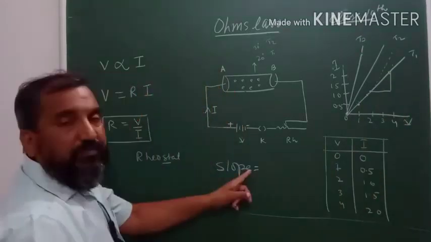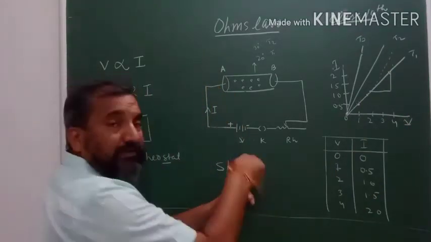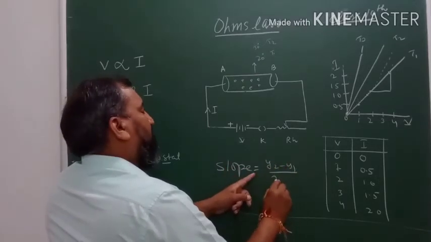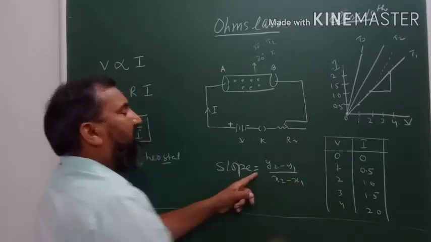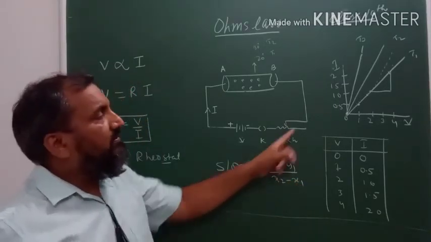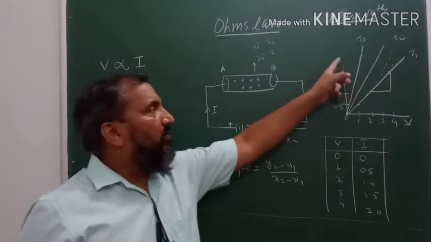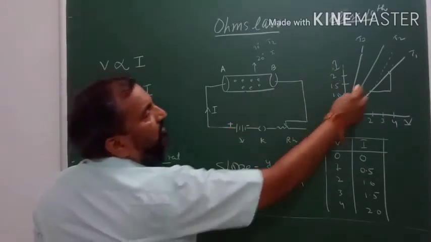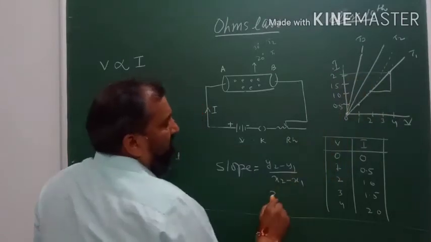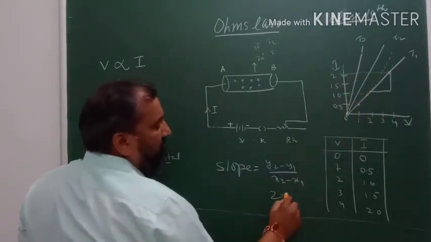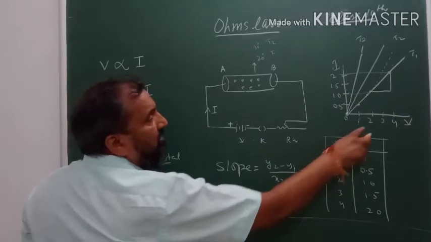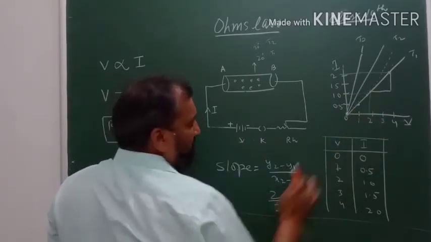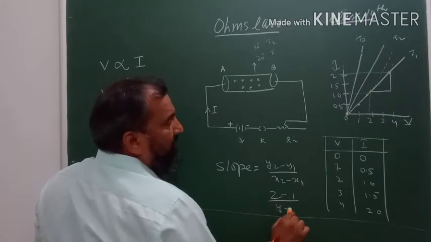So slope can be calculated by y2 minus y1 over x2 minus x1. y1 is the voltage, and what is the current on the y-axis. So y2 is 2, y1 is 1. And x2 is 4 minus 2.